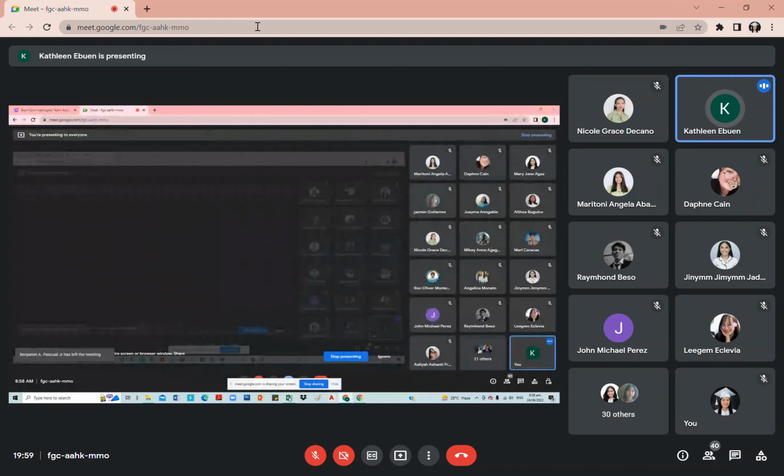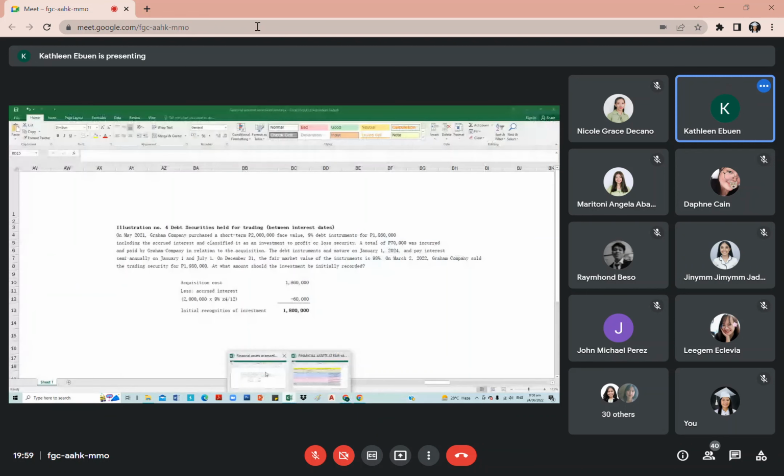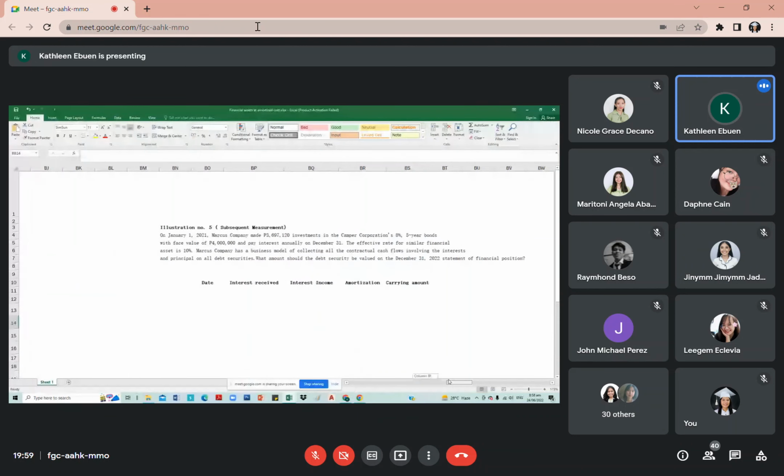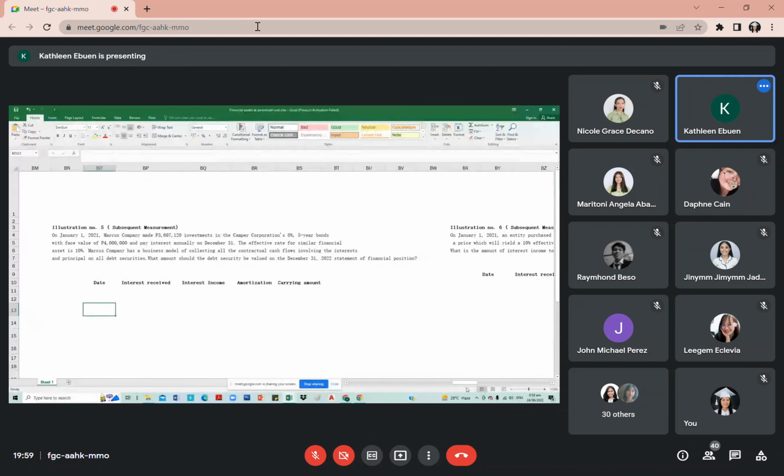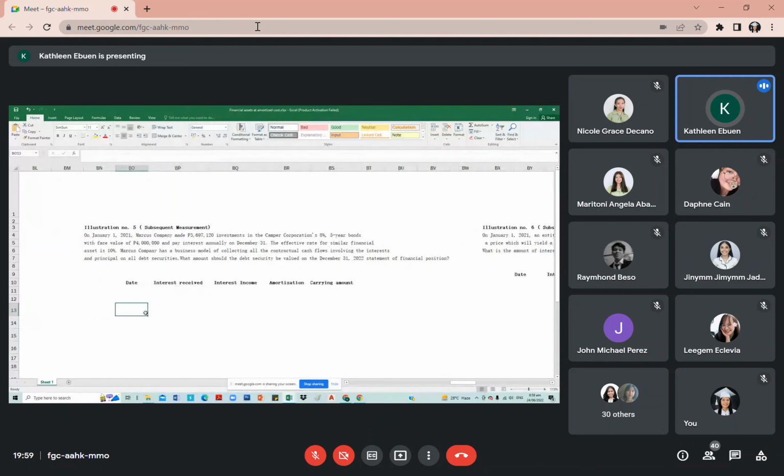Okay, so dito tayo sa subsequent measurement. Gagamit na po tayo dito ng effective interest method. So on January 1, 2021, Marcos Company made 3,697,120 investments in the corporation's 8% 5-year bonds with a face value of 4 million and pay interest annually on December 31.